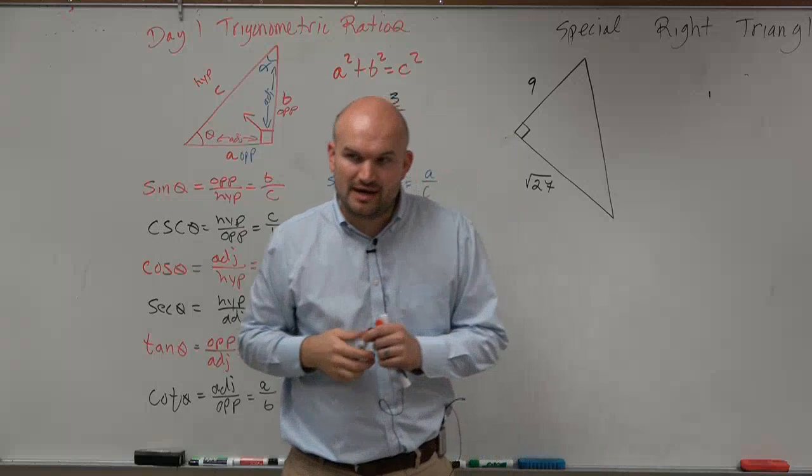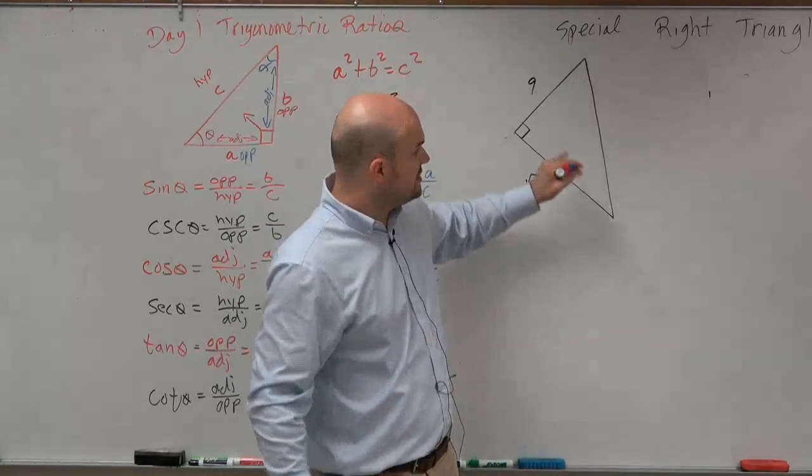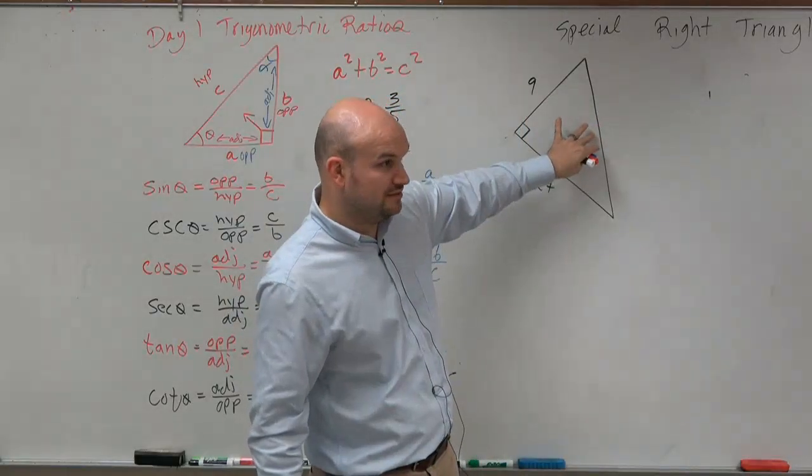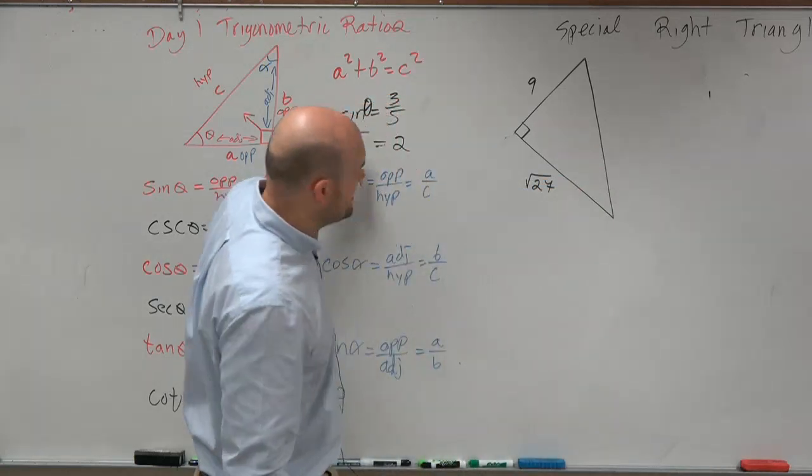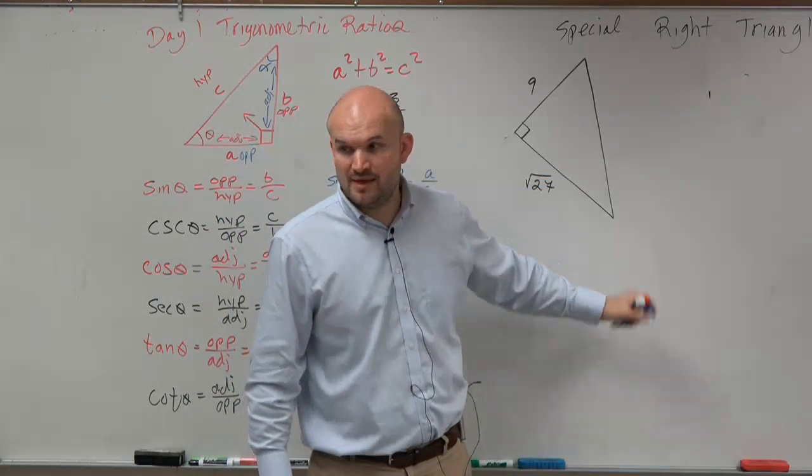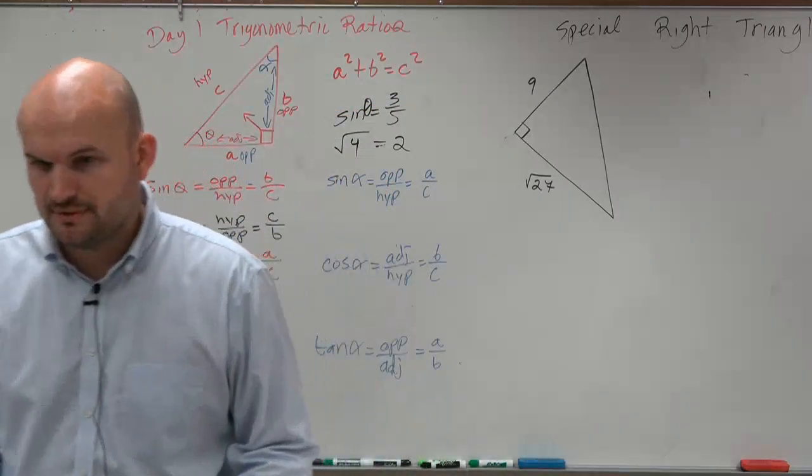Why don't you guys go ahead and take a moment, see if you can figure out the missing side lengths of the triangle, and then start writing the trigonometric ratios of the problem. Then I'll come back up and we'll go through it.